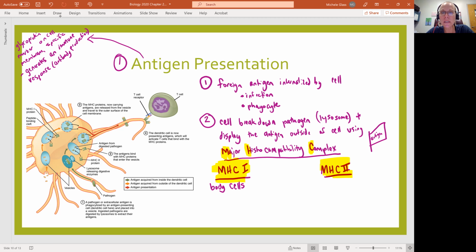Instead, we just kill the cell. And if we kill the cell, we're killing that virus, we're killing the bacteria also. So when we talk about antigen presentation using class 1 MHC proteins, this means our cell is infected, and ultimately, this is going to stimulate what's called a cytotoxic T cell.